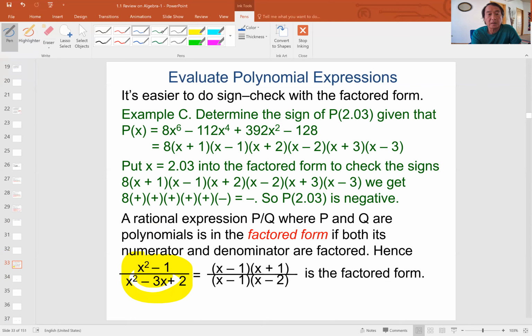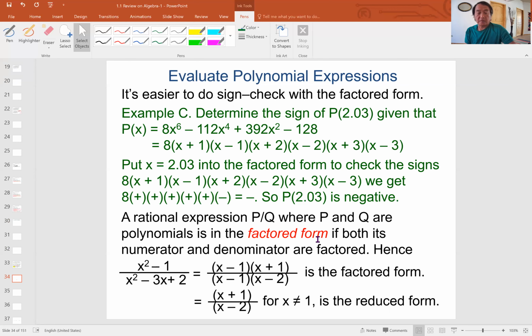If I were to factor the top and bottom, it's called the factor form of the fractional formula. One particular thing about the factor form is that I can cancel factors. I get an expression that's almost the same, but not quite. In this case, I get the simplified or reduced version, which is almost the same as that one, except at one location, x equal to 1.